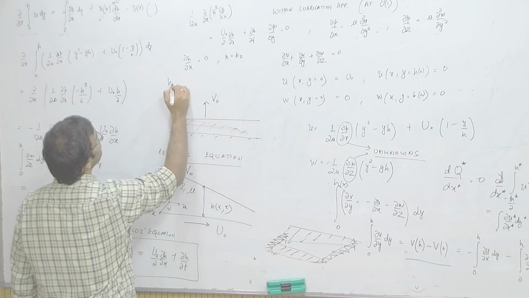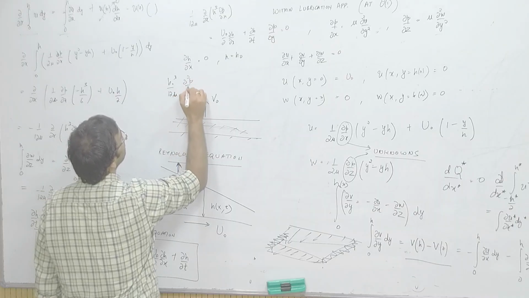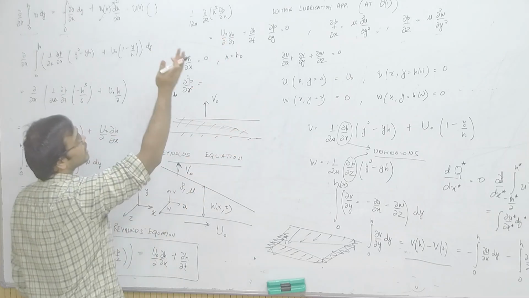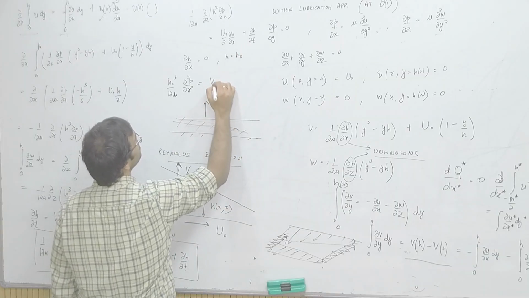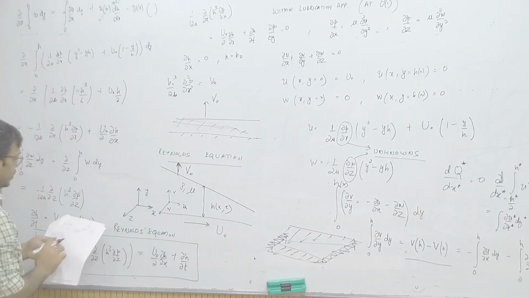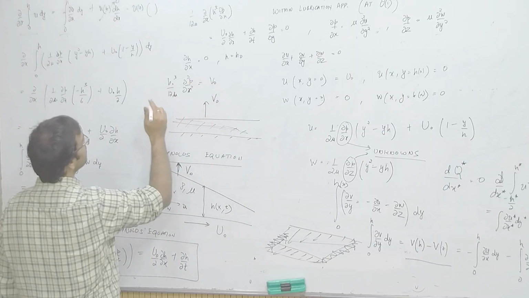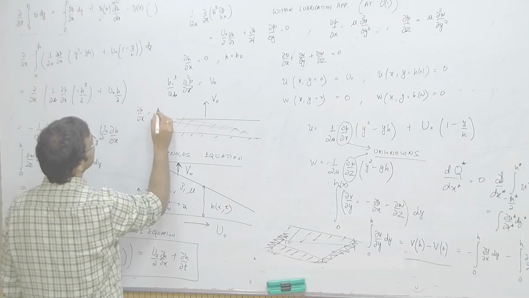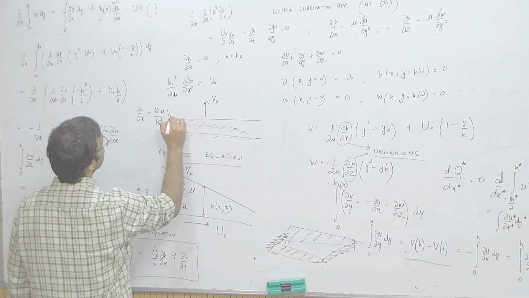So, we have h naught cube by 12 mu del 2 p over del x square equals, you are just trying to give the top surface a vertical velocity, which is del h over del t, which is nothing but v naught. You are just giving it that velocity. So, when you solve for this, everything is a constant, it is very easy to solve. So, you have del p over del x as 12 mu over h naught cube v naught times x.